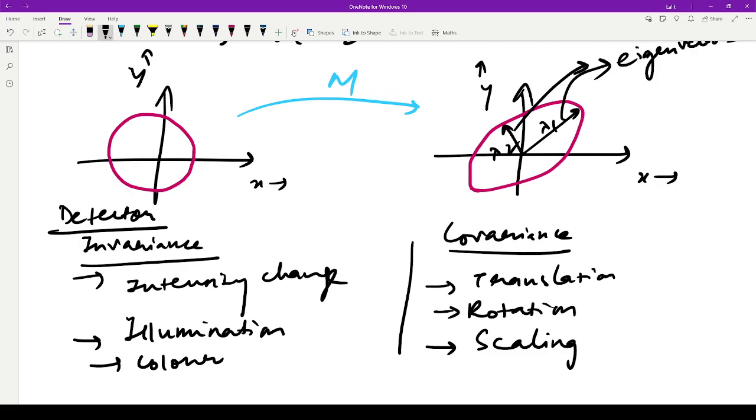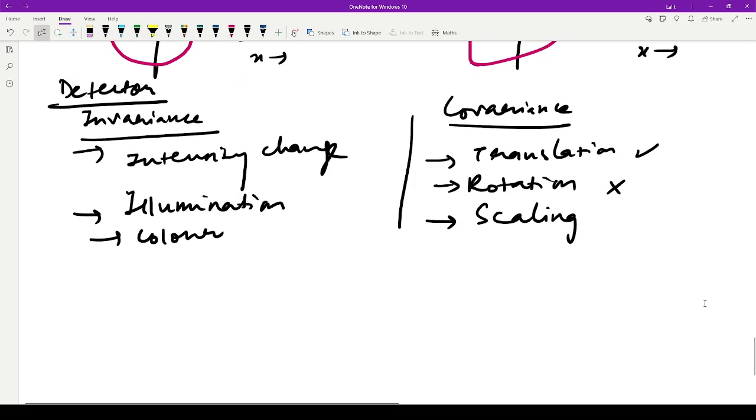After that, the Hessian detector was being used, which also has the property of translation. Translation is fine. Rotation, no. For the Hessian detector, the rotation part was not there because Hessian is what? We're just taking second derivatives.